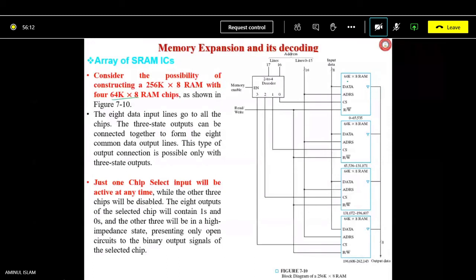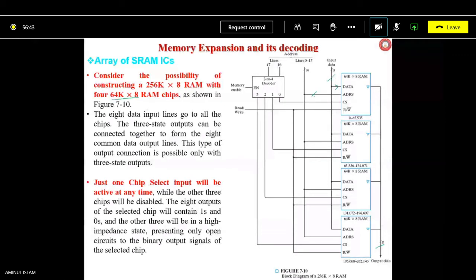Every 64K by 8 RAM requires 8 bits of information for input data or output data. If it is RAM, you can read and write, so input and output both go through this. Of course, it may go back to a processor through that same line.